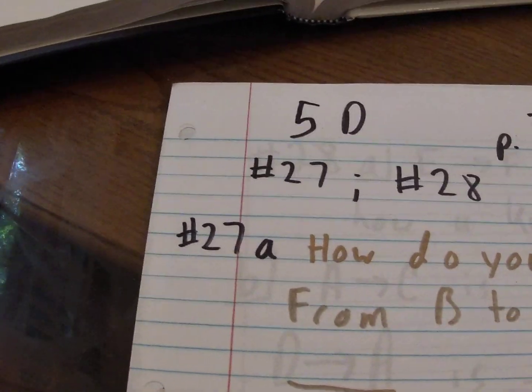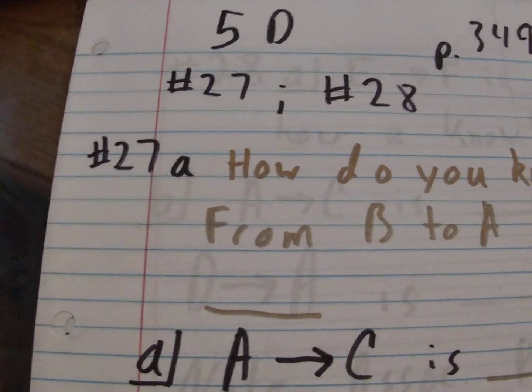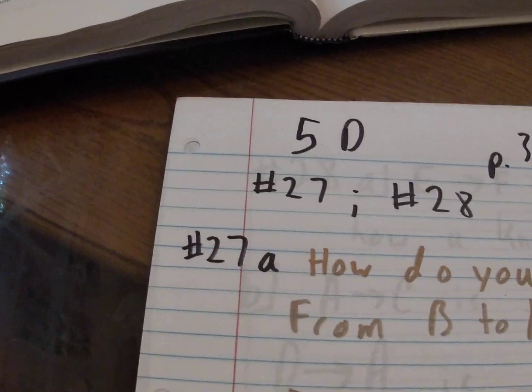It asks you, how do you know from A to B is going up or down, or what from A to B is? Okay, and then it has the gall to ask you, how do you know that? Well, the answer is, of course, I read their little thing, and it says that A is supposed to be the summit or the top of the mountain.